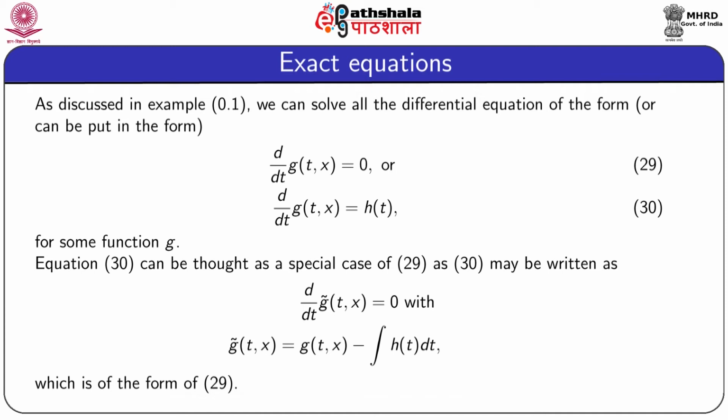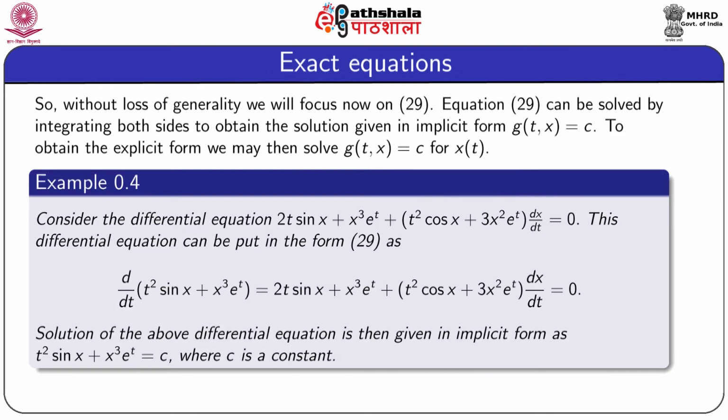Equation 30 can be thought of as a special case of 29, as 30 may be written as d/dt of some g bar t x equal to 0, with g bar t x equal to g t x minus integral h t dt, which is of the form equation number 29. So, without any loss of generality, we will focus on equation 29.